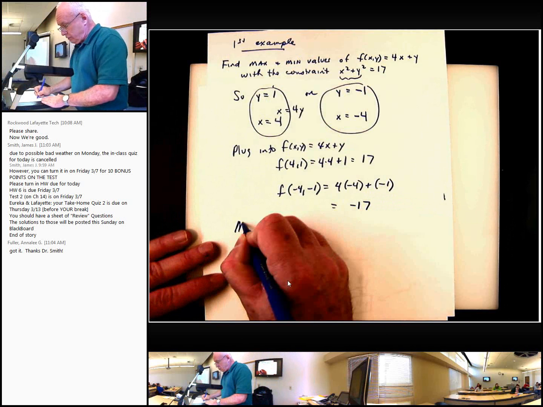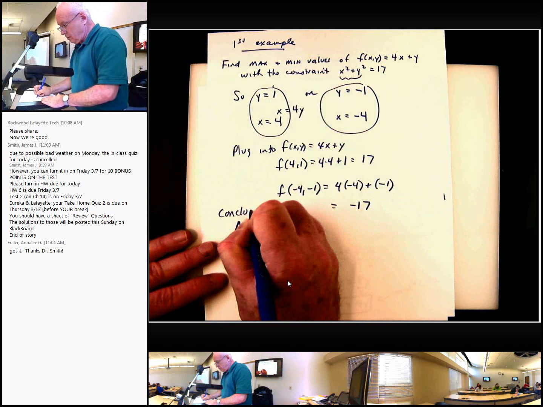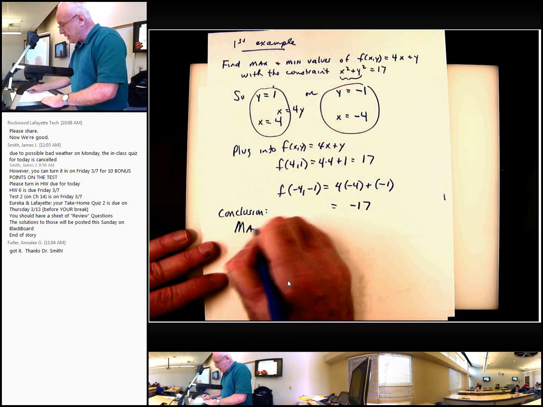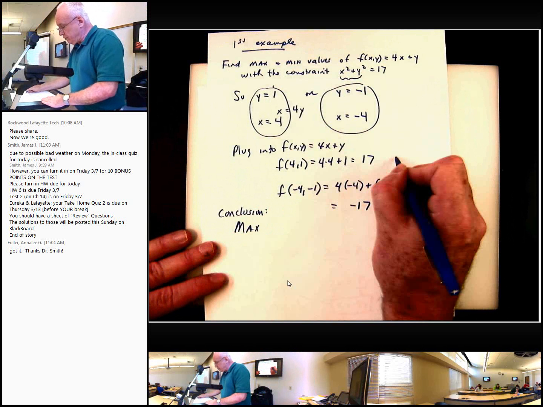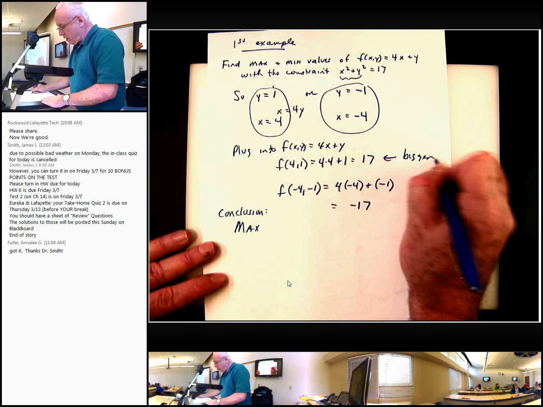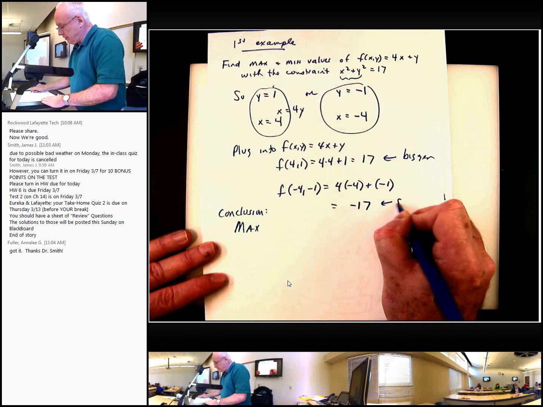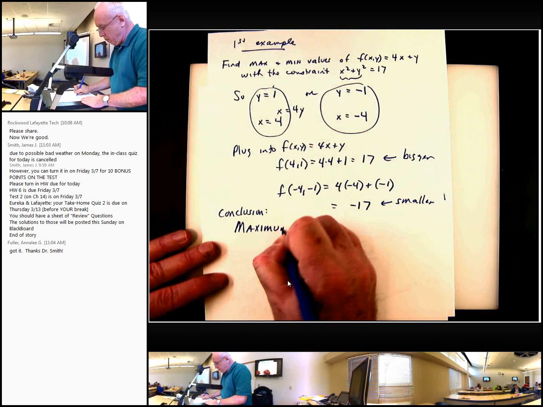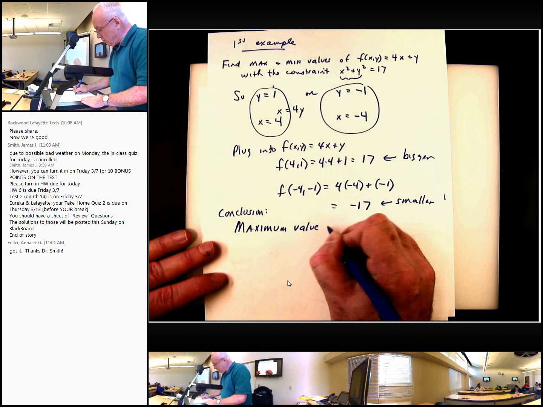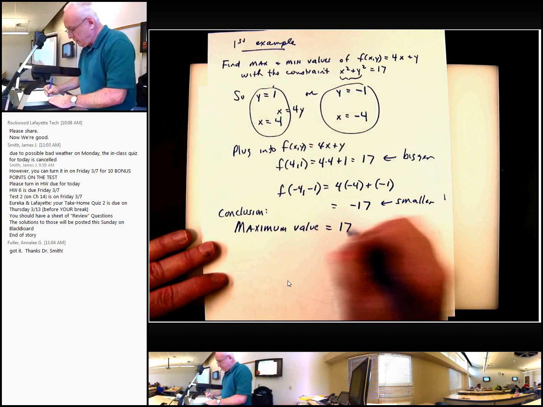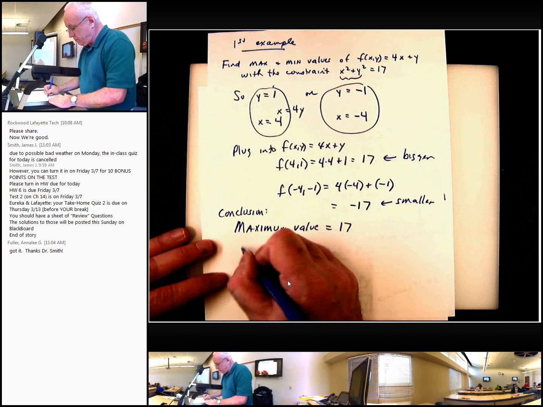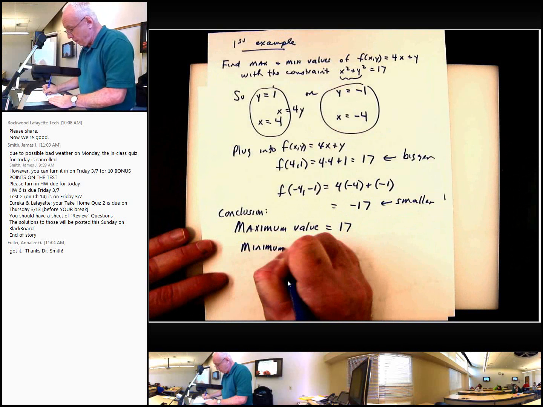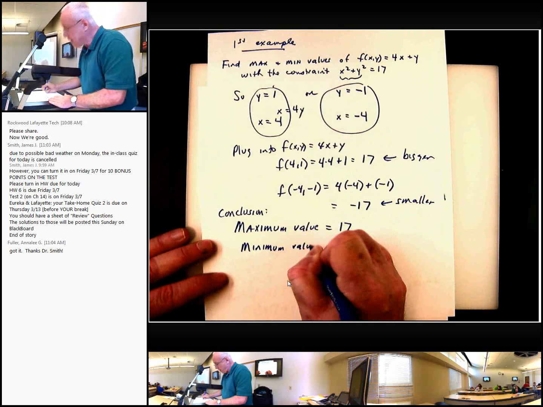So conclusion. The max, because that's the bigger value. Smaller is negative 17. So maximum value equals 17. Minimum value is negative 17.